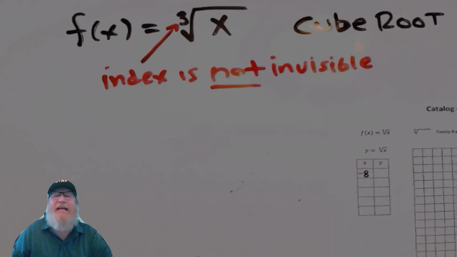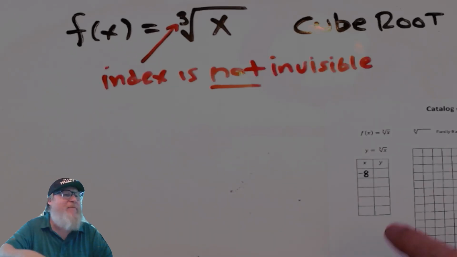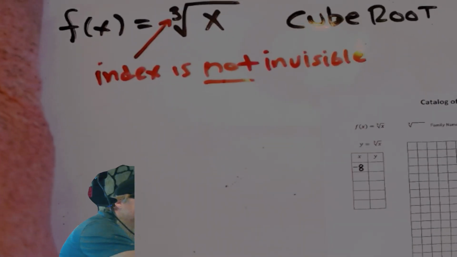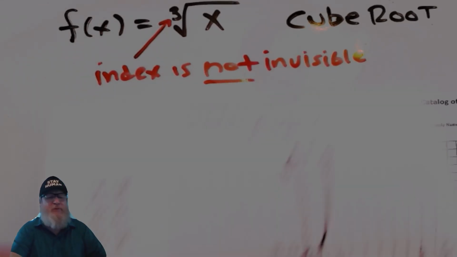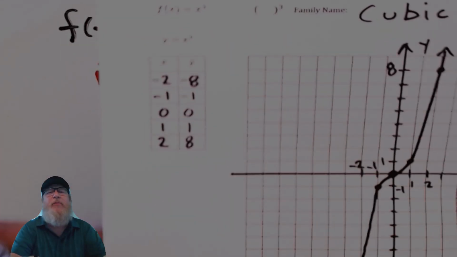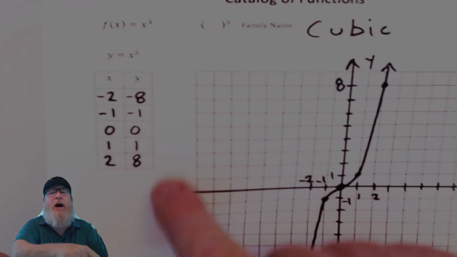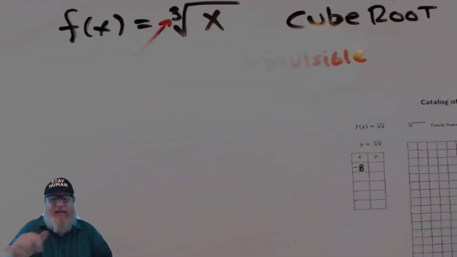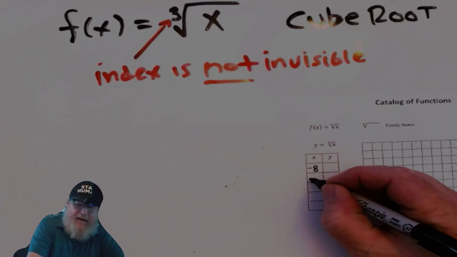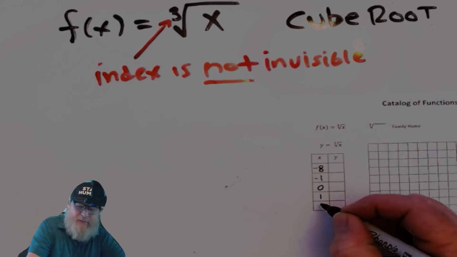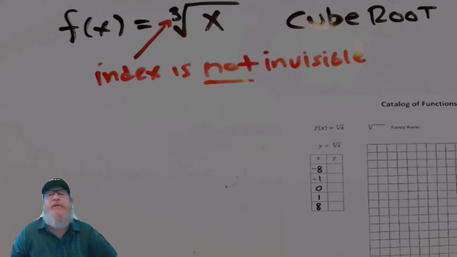We're going to be plugging in what we used to have as an output. So it's not a bad idea when you're doing the cube root to have this list available, the one we just did, and all of your y's from the cubic are going to become your x's for the cube root.